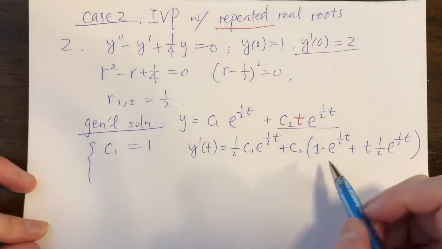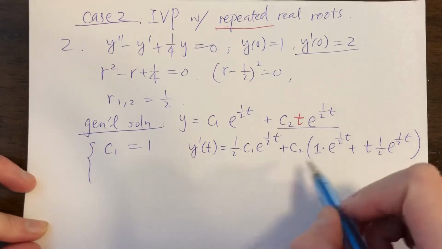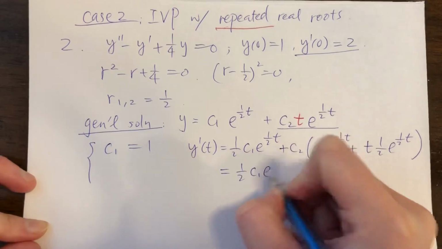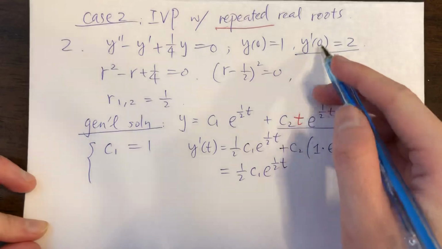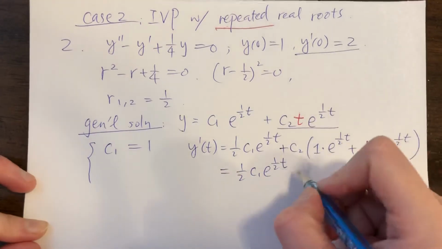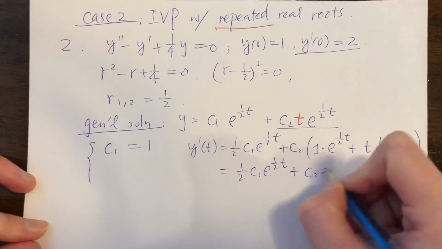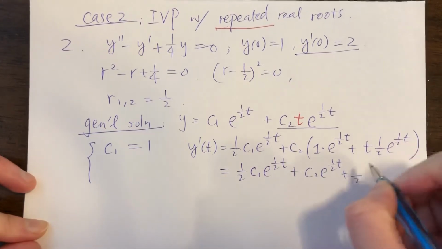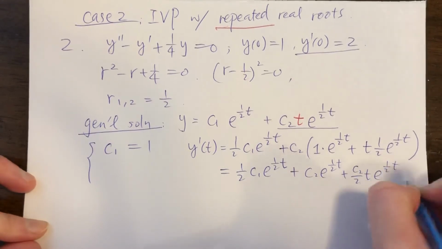Okay, and then you can maybe have one more step, let's do that. But if you feel comfortable just plugging 0 at this step, it's okay. But I want to be very careful here. So C2 e to the 1/2 t plus this is C2 over 2 t e to the 1/2 t.